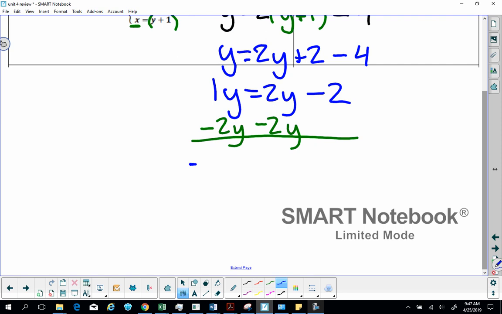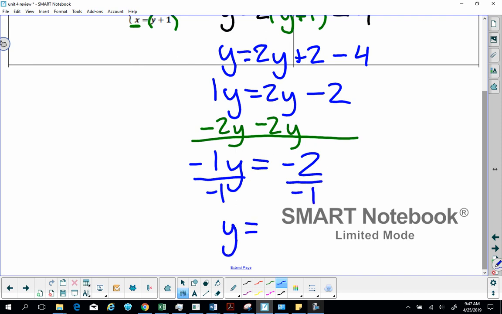Negative 1y equals negative 2. Now what's my last step, Tyrese? Divide. We divide both sides by negative 1. And you get y equals positive 2, because our negatives cancel.